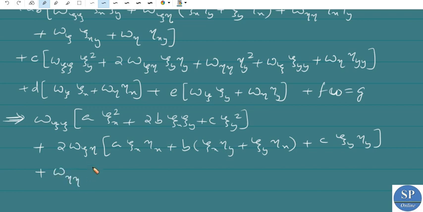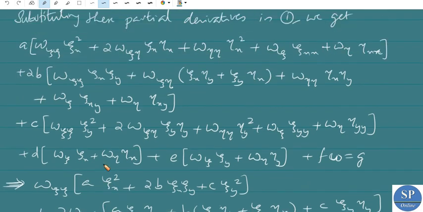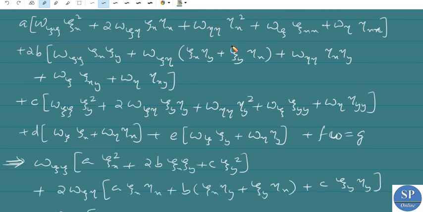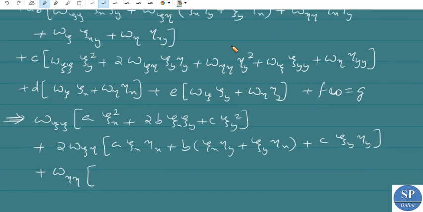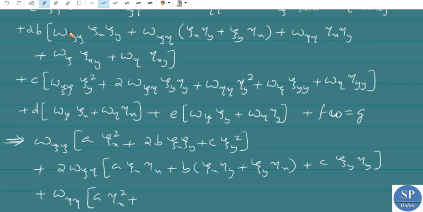Plus w eta eta, taking w eta eta outside, from this we get a into eta x square. From the second we have 2b eta x eta y, and from the third we have c into eta y whole square.